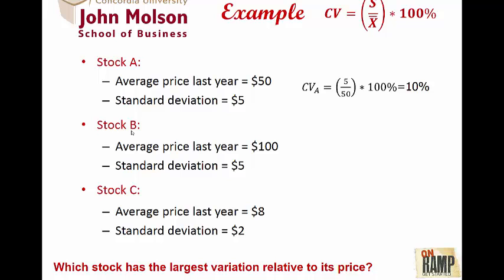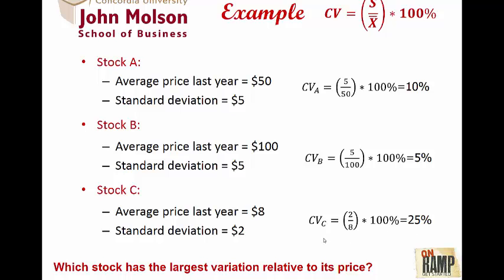Next one, stock B. Average price last year was $100. Standard deviation 5. Coefficient of variation will be 5 over 100, times 100%, so it gives me 5%. Stock C. Coefficient of variation would be again my standard deviation 2 divided by 8 times 100%, which is 25%.